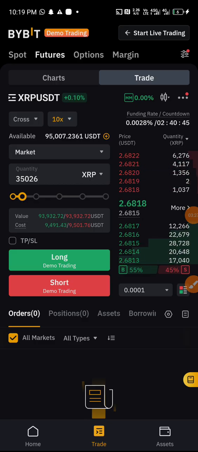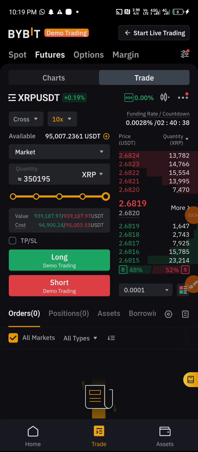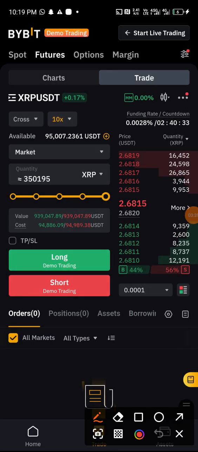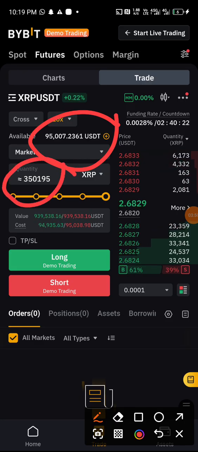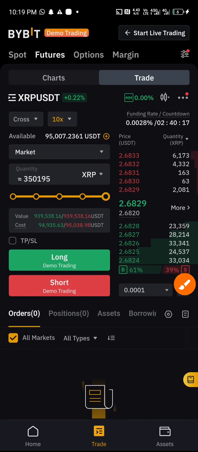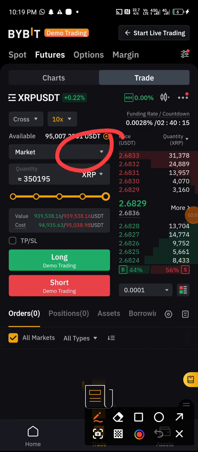You can either come to this place to decide how many of this you want to buy, or you can even buy all. Let's say I want to use this whole available fund here to trade. So how many XRP do I have? I have roughly over 350,000 XRP. And don't forget, always choose this place as market so that your trade can easily be executed.